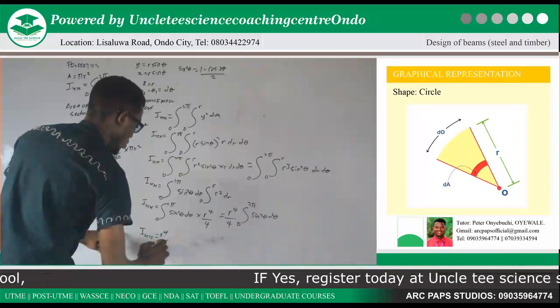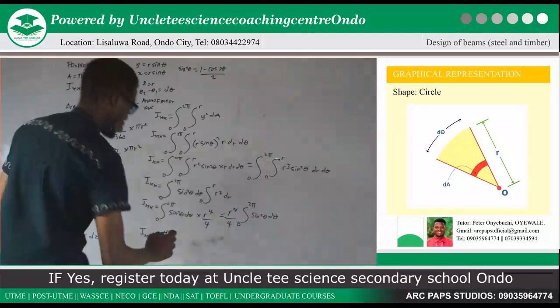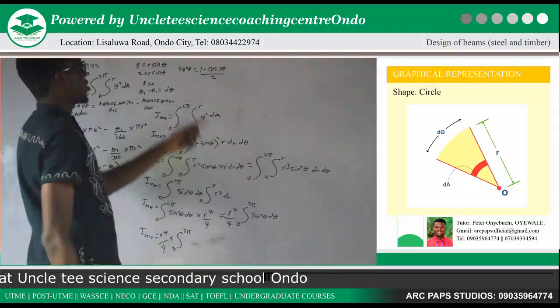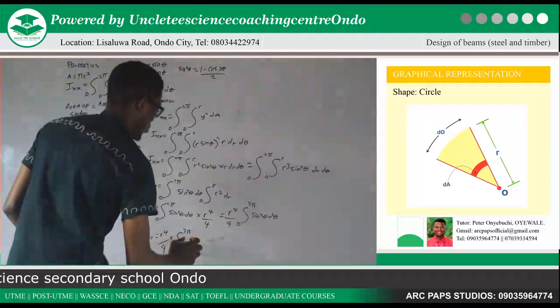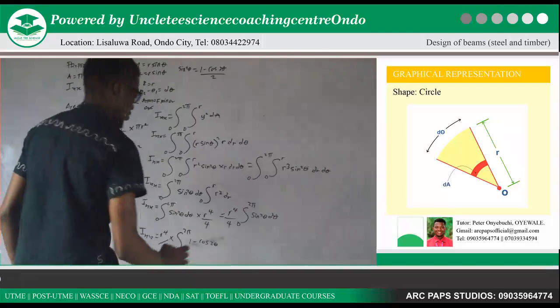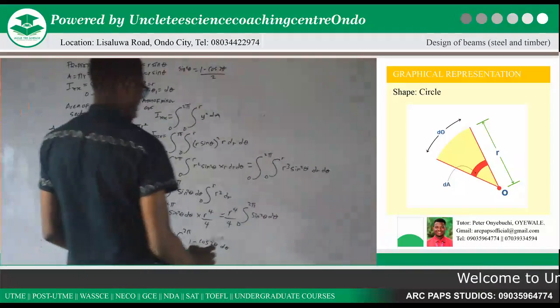So it means our Ixx will give us r raised to power 4 over 4 times the integral from 2 pi to 0. Now we know sine squared theta is the same thing as 1 minus cos 2 theta over 2. That is using your trigonometry ratio to prove that.